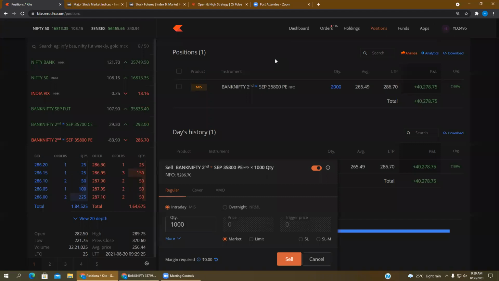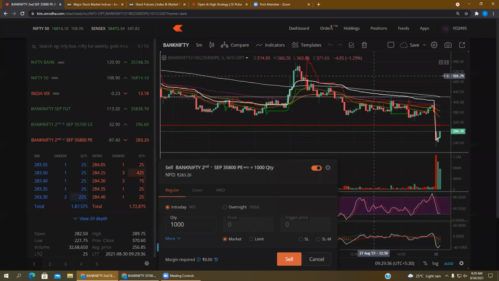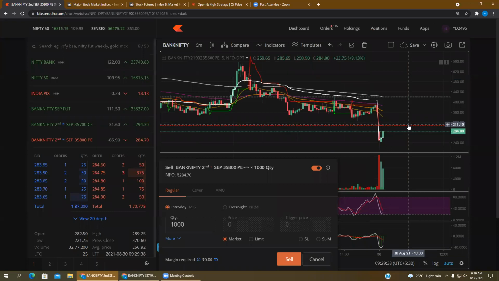Just waiting for the candle to get over. We can get 308, would be great.